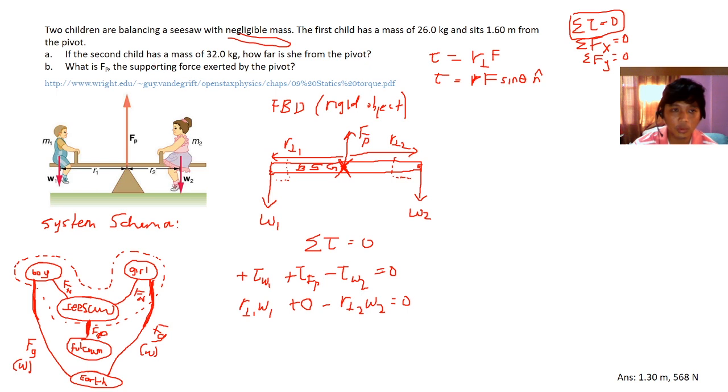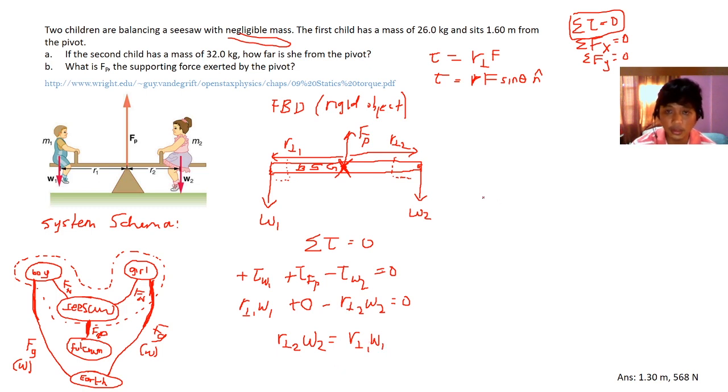So how far is she from the pivot? We're actually looking for R moment arm 2. So R moment arm 2 W2 equals R moment arm 1 weight 1.